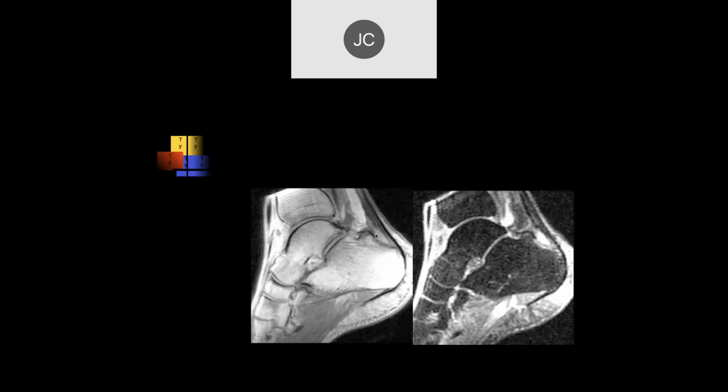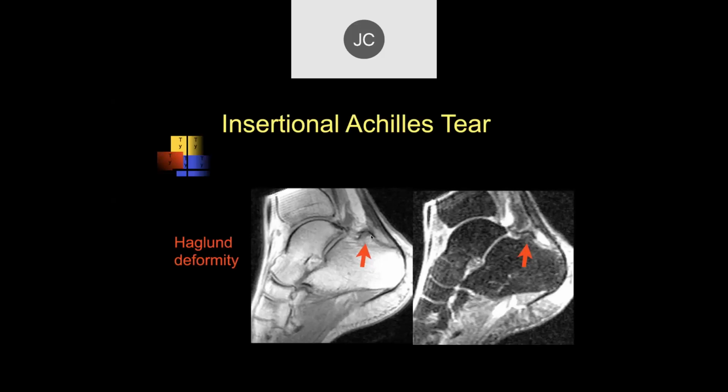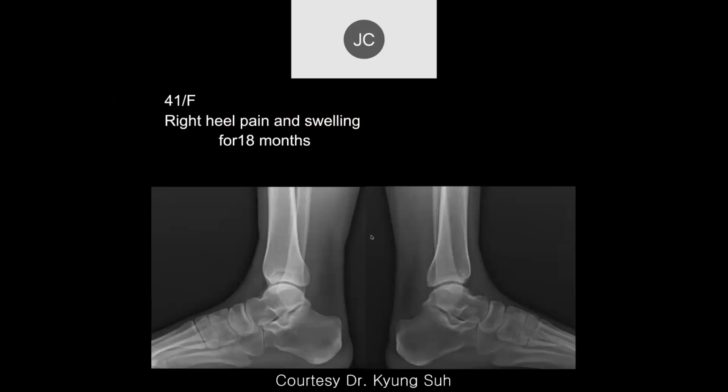And if you continue to have traction, you won't get healing, but you'll continue to stimulate bone formation here and you'll get this Haglund deformity, indicative of chronic traction injury to the Achilles insertion. Ballet dancers are very commonly affected, and skaters also.